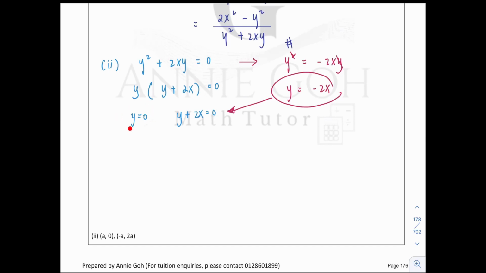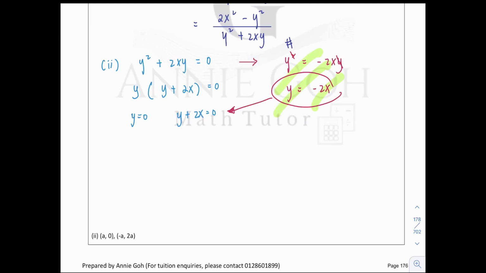Where's the y equals to 0 solution? For this equation, if you cancel off the y, that means you only get one answer. The other solution will be missing. So you shouldn't do this method. The correct method is to factorize the y, and hence you get y equals to 0 as the other solution. So please take note here.